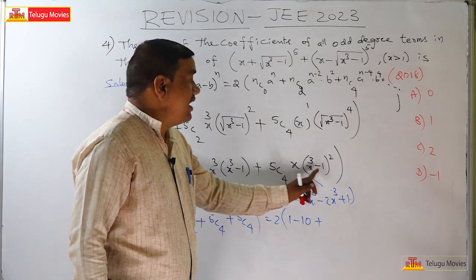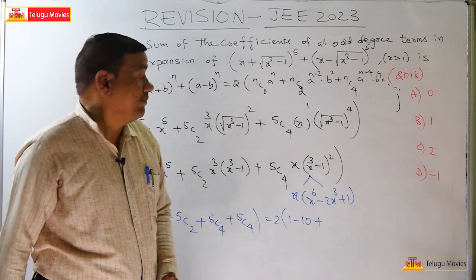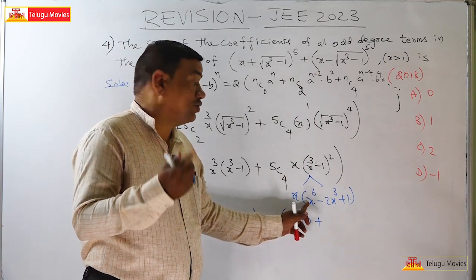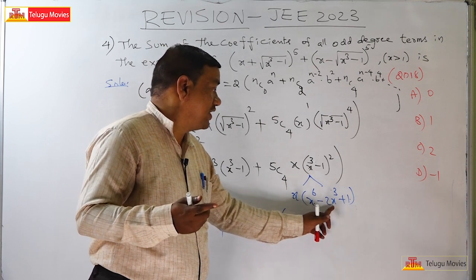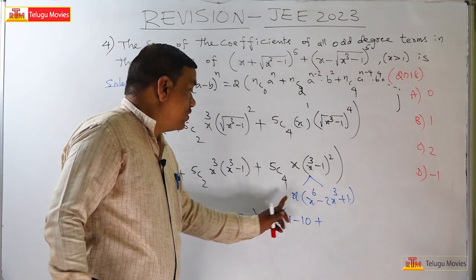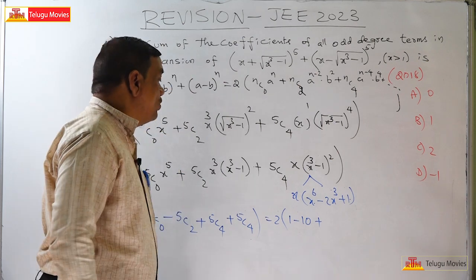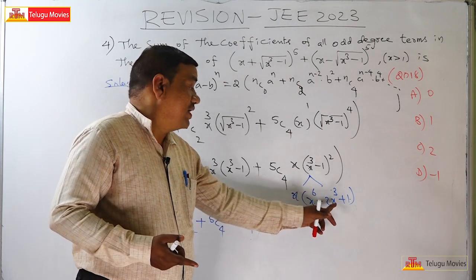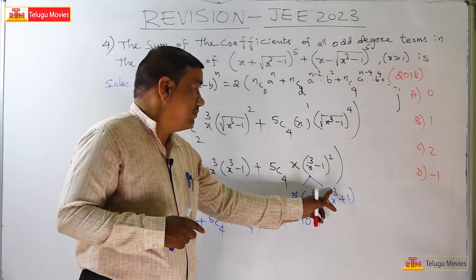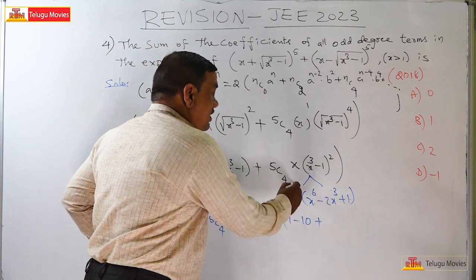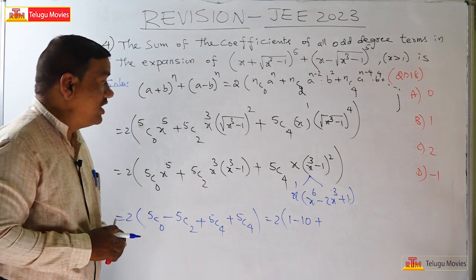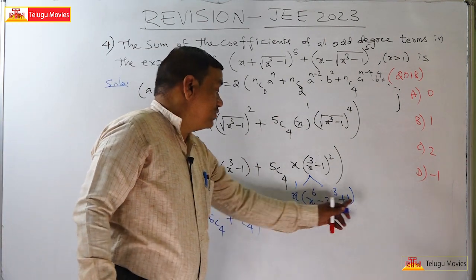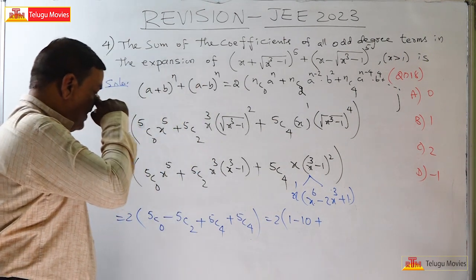Here (a minus b) whole square will come: a^2 is (x^3) squared, 3 twos are 6, minus 2ab, 2x^3, plus b^2. If you multiply, x into x^6 is x^7, an odd number; x^3 terms give an even number, which we don't want. So x into 1, x, that is 5C4 you will get.